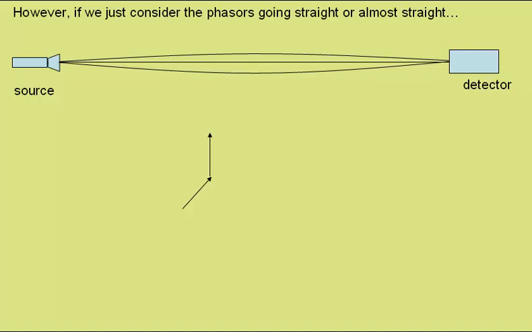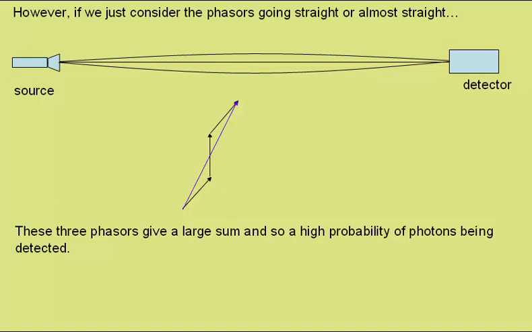The top route is the same length as the bottom route, and so the phasors will have turned just as much, and this would then give the direction of the top phasor. The sum of these phasors going from tail to tip is this. These three phasors give a large sum, and so a high probability of photons being detected.